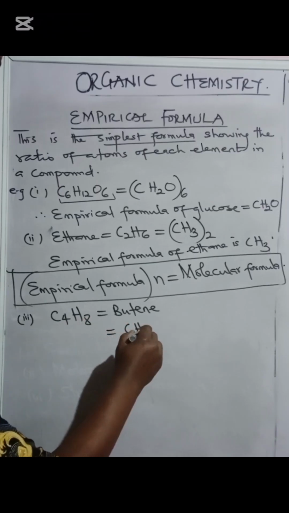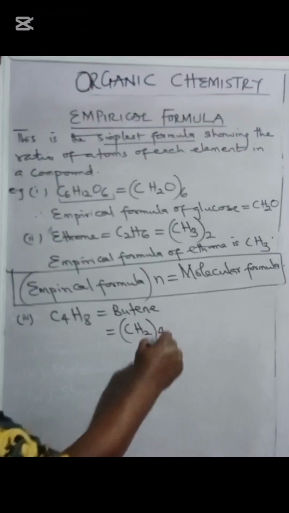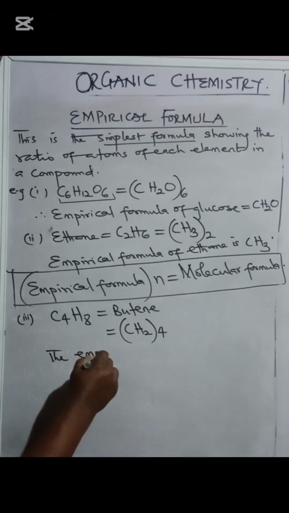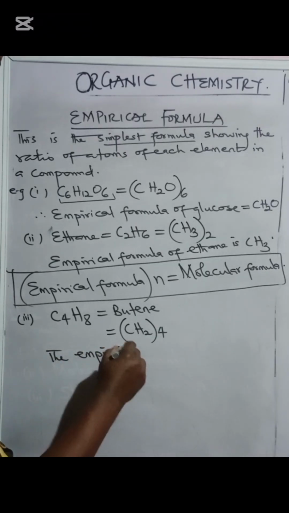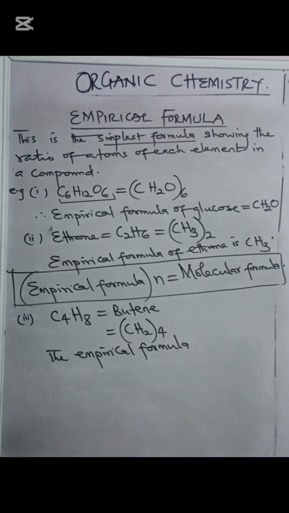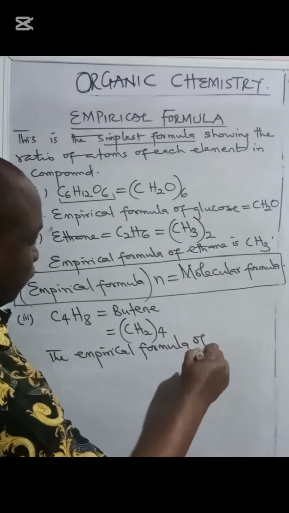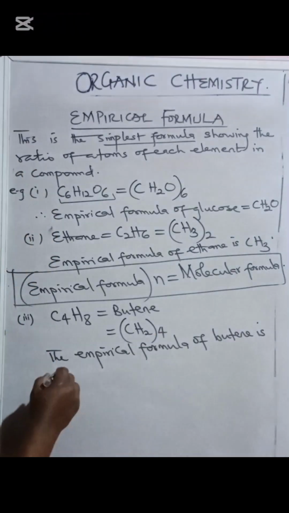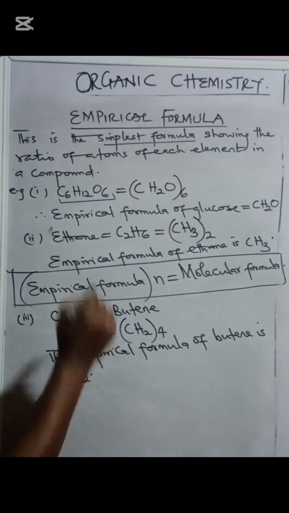This one will be CH2, bracket 4. So the empirical formula of butene is CH2, and so on and so forth.